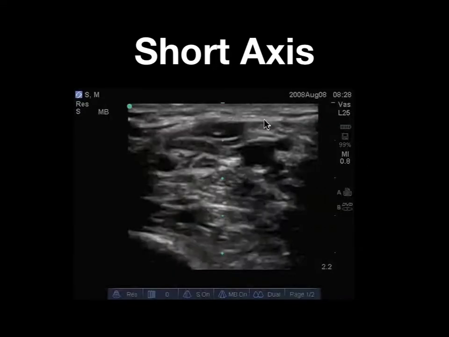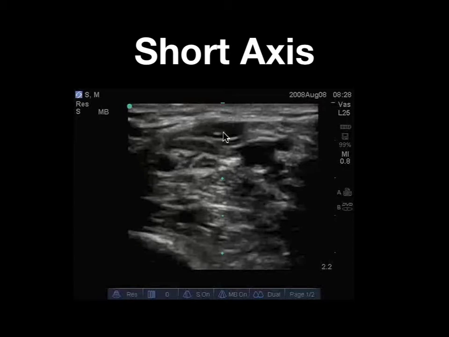Here is a short axis approach to a vessel within the forearm. If you look, it's actually not that deep, which is good. You don't want a vessel that's any more than a centimeter deep if you're going to use a 1.88 or 2-inch catheter.